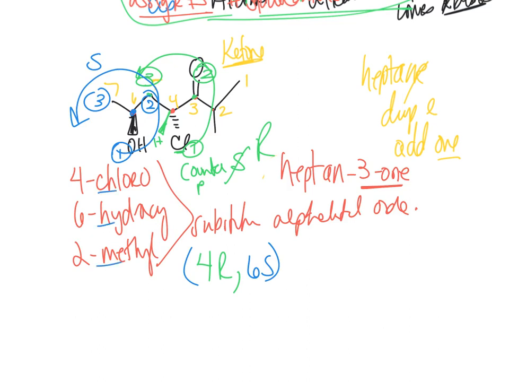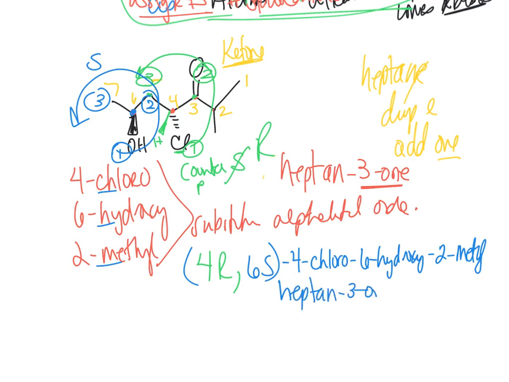And then you put these in alphabetical order. 4-chloro, 6-hydroxy, 2-methyl, heptan-3-one. All right, so that should cover some of your naming with multiple substituents, prefixes, suffixes, applying R and S.